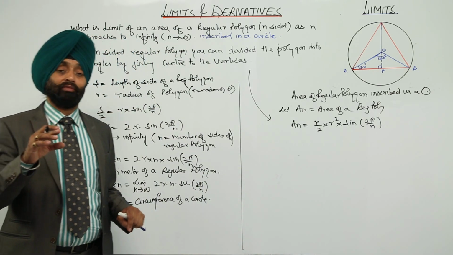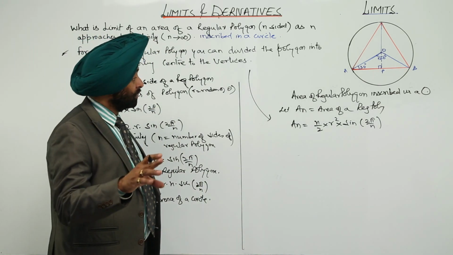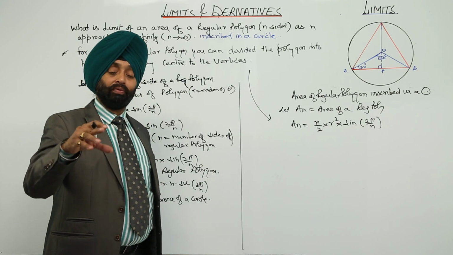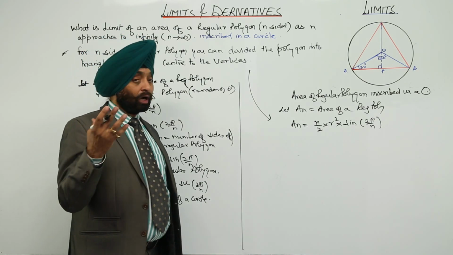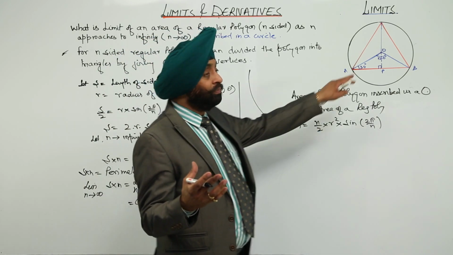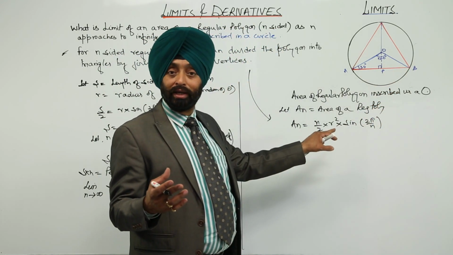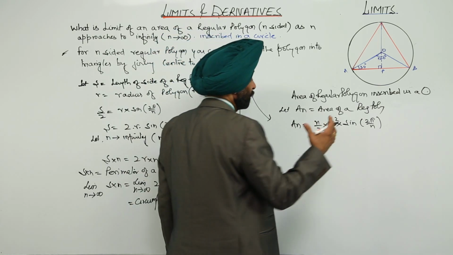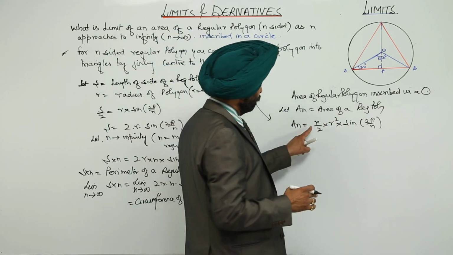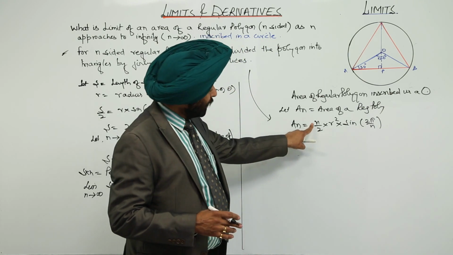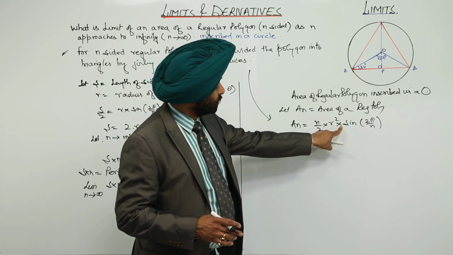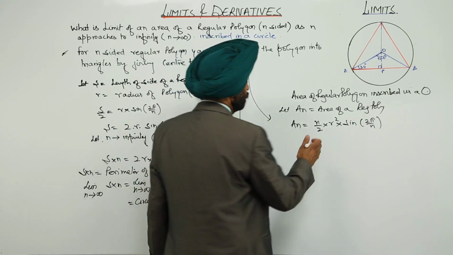In circles, we have done how to find the area of a sector. That was half r square sine theta. So now here we are having n-sided figures, so n upon 2 times r square times sine 2 pi by n.